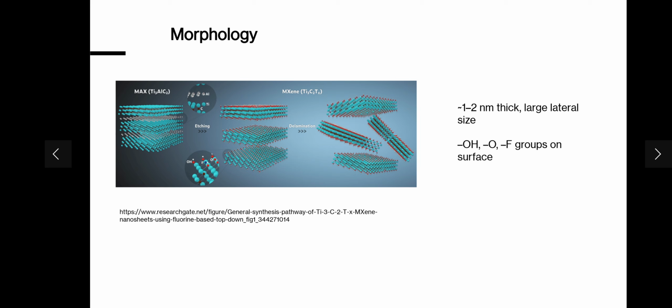This could be something similar to acetic acid or any other carboxyl group. These groups are not just passive, they strongly affect the hydrophilicity, electroconductivity, and interlayer spacing and interaction with ions, molecules, or polymers, giving your carbide sheet a lot of possibilities on what it could be used for.